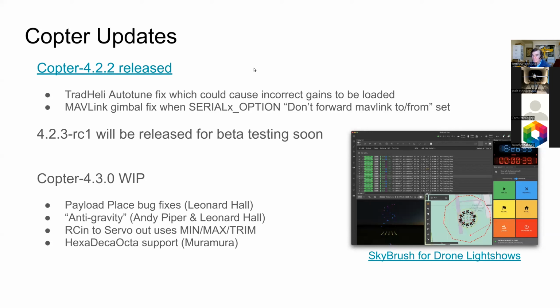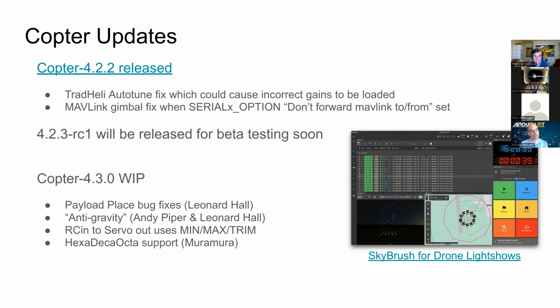Randy, over to you for the Copter update. All right, I'll be brief. 4.2.2 went out. It's just got a couple of fixes in there that are listed. If you're a Trad Heli user using AutoTune, you should definitely upgrade to 4.2.2. Otherwise, just update when it's convenient for you.